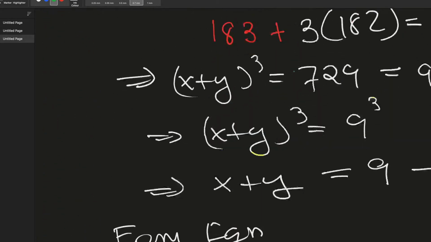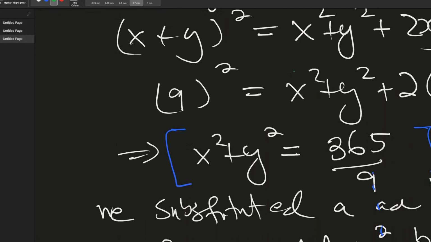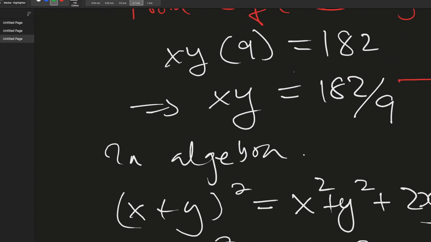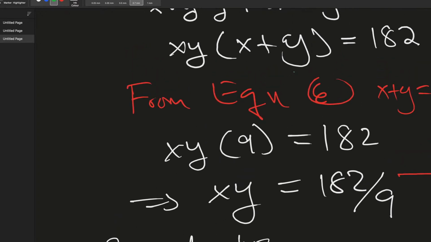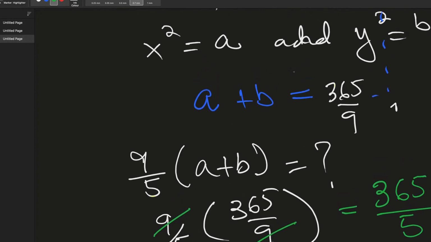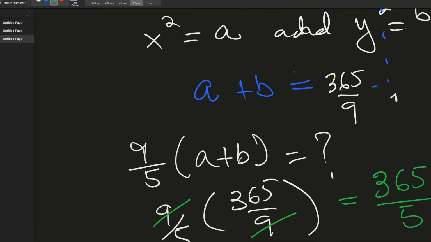So from equation 4, we have this. We did our substitution, and eventually we know that a plus b is equal to 365 divided by 9. When we substituted, that gave us the solution.